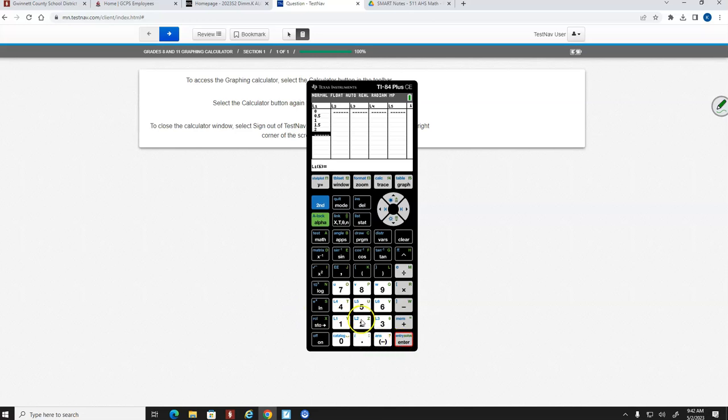Now 2.5 was 3 times, so 2.5, 2.5, 2.5. 3 was 6 times: 1, 2, 3, 4, 5, 6. 3.5 was 4 times. And 4.0 was 3 times.